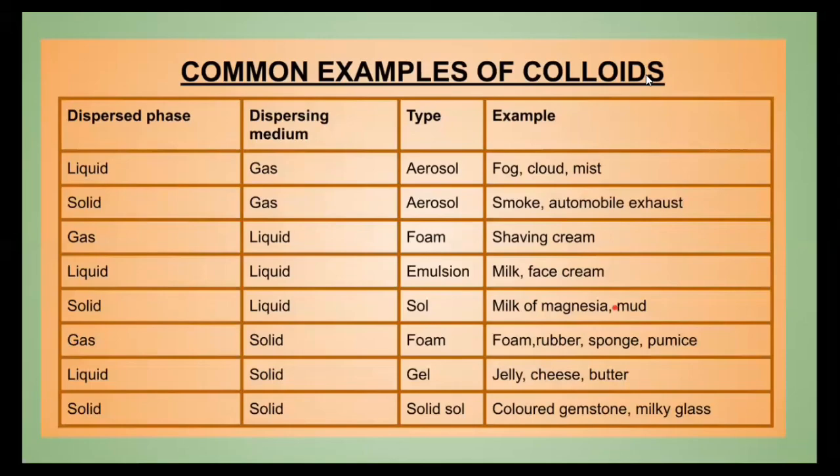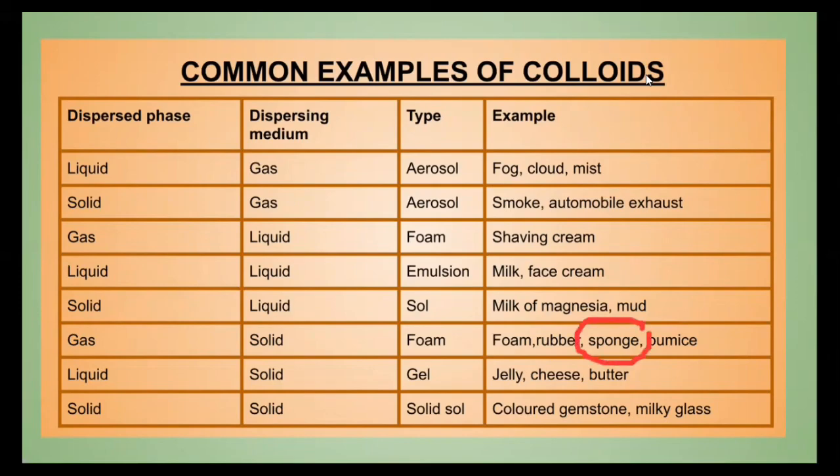A very important one, again, is milk of magnesia. Milk of magnesia is that colloid in which a solid substance, magnesium hydroxide, is dispersed in a liquid. Another important colloid is mud, which consists of a liquid medium, that is water, and in that the particles are suspended.